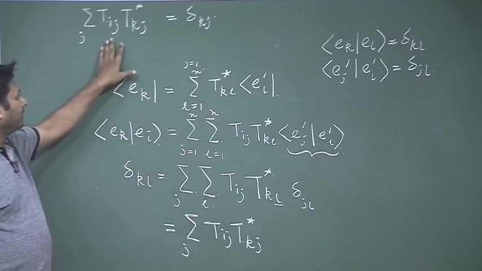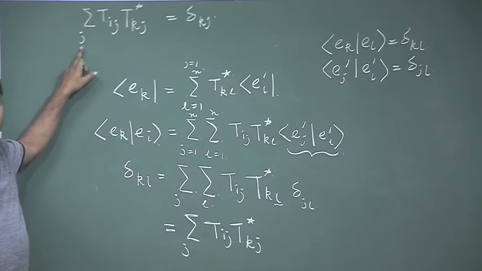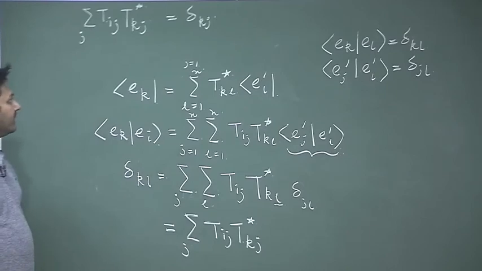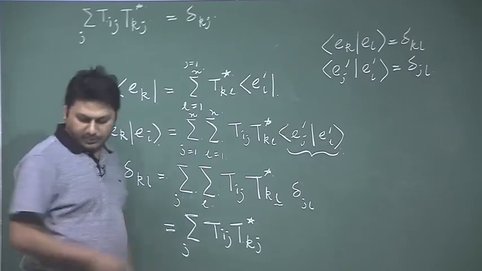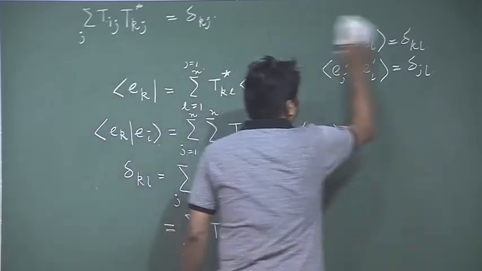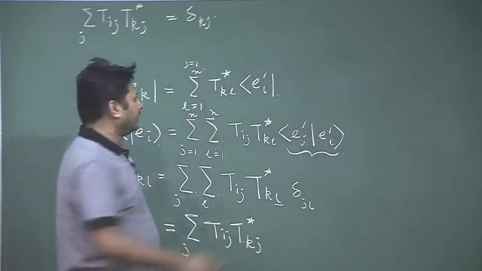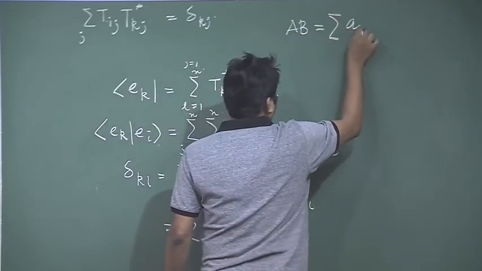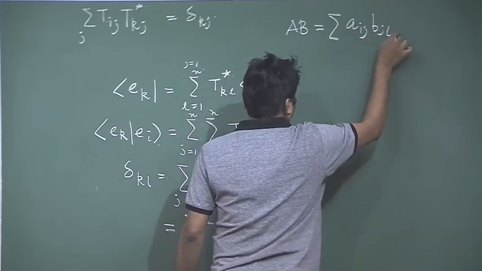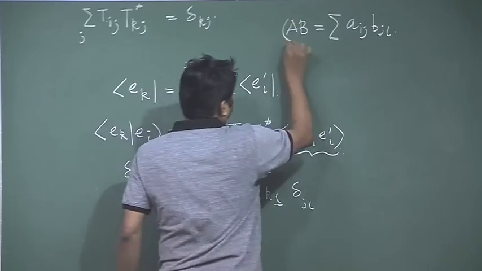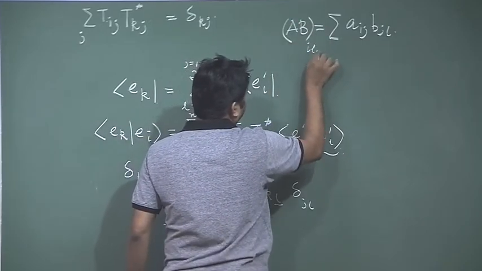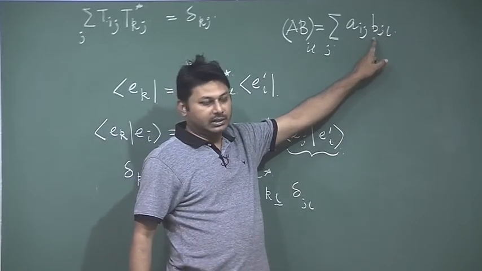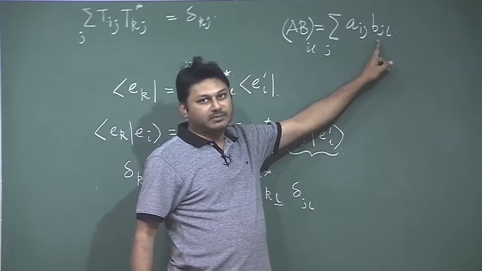Now look carefully, what is the meaning of that? J is summed over here. So here is a J, here is a J. A few classes back I already mentioned that when two matrices, say A and B, are multiplied, the component in the AB multiplication is the IL component, where the J should be put side by side so that a valid matrix multiplication can be done.